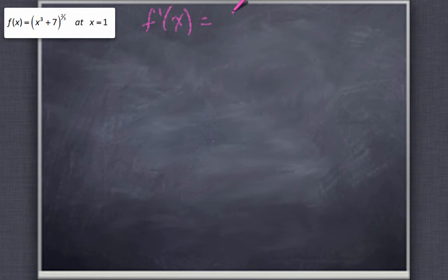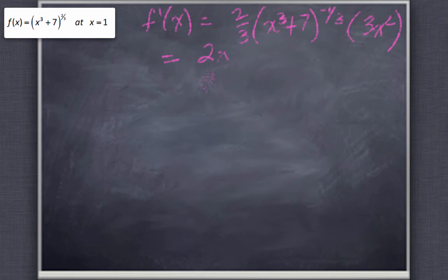So 2/3 x cubed plus 7 to the negative 1/3, because 2/3 minus 1 is negative 1/3, and then times the derivative of the chocolate, the inner function. 2/3 times 3x squared is 2x squared.